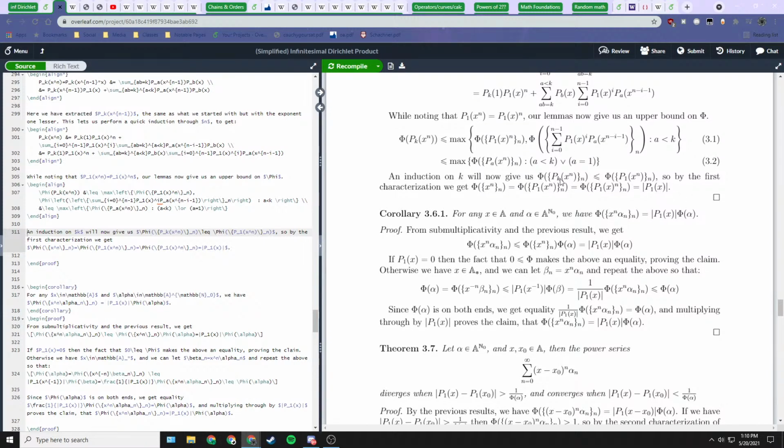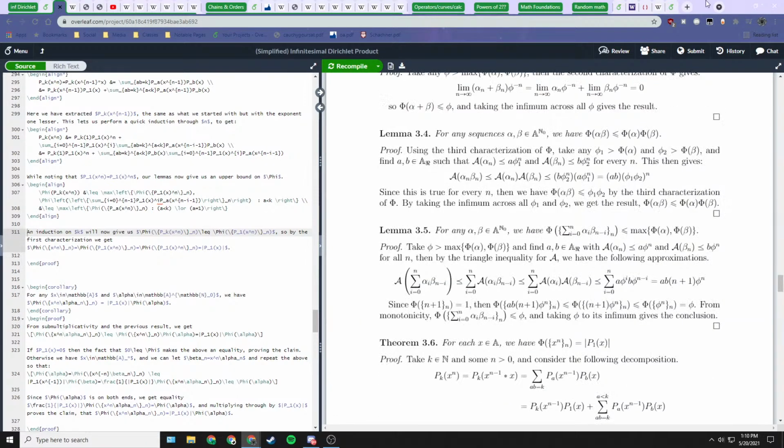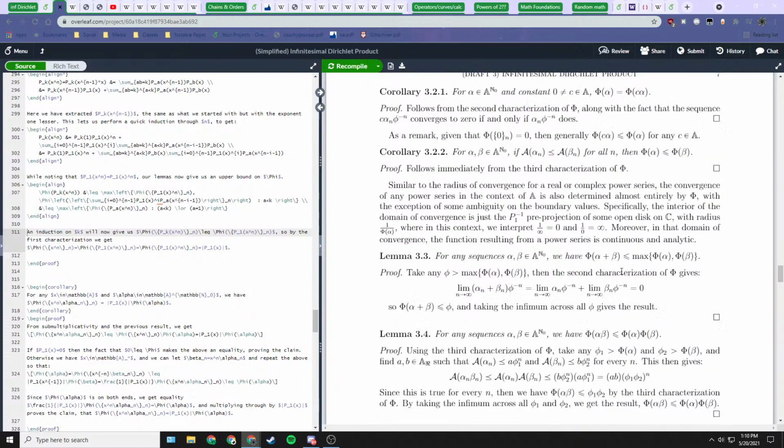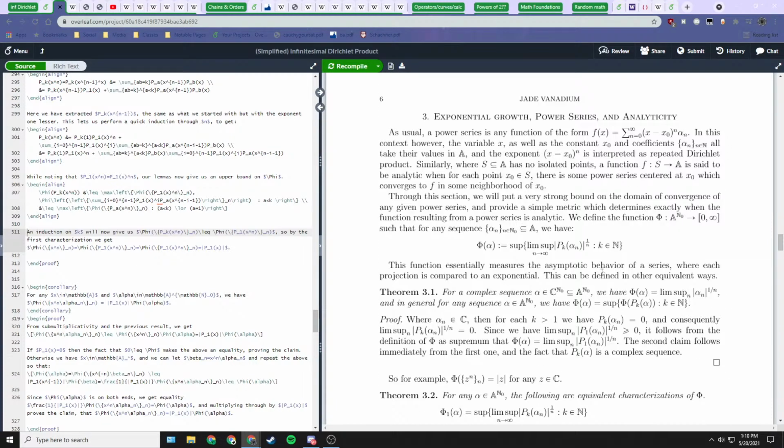So ultimately, each projection is bounded by just the first projection in its exponential growth. Because we have the phi of all of these projections, every single projection is bounded by the phi of the first projection, by the first characterization. So remember, the first characterization, let me find it.